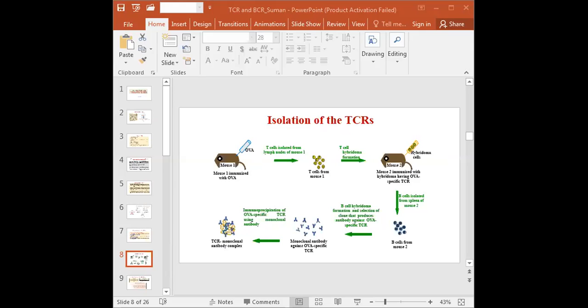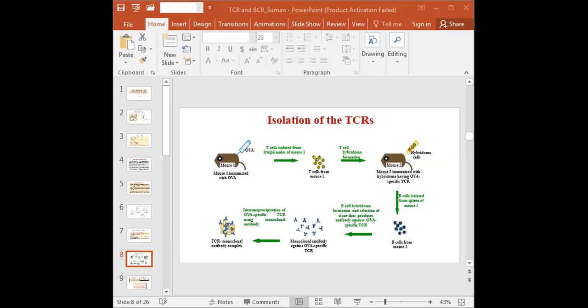Then the clonal population which was specific for ovalbumin, and hence got activated in response to OVA, was injected into a new mouse, mouse 2.